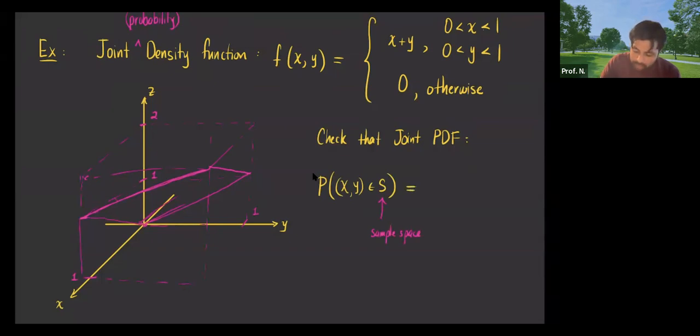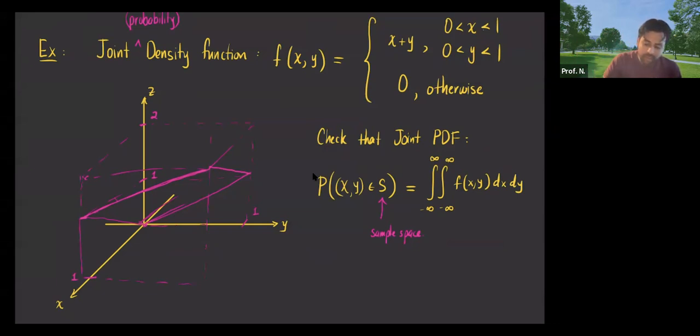Well, the sample space is everything, from negative infinity to infinity, because under the assumption that x and y are continuous random variables, each ranges from negative infinity to infinity, and that's true for both.